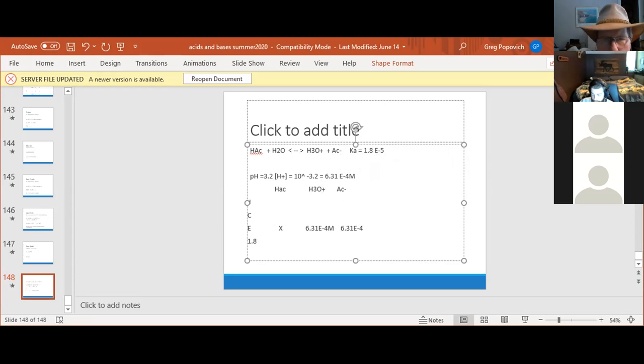So you get 1.8 e to the minus fifth is equal to 6.31 e to the minus 4, raised to the second power, divided by X. I'm doing it this way because some people can't see that.